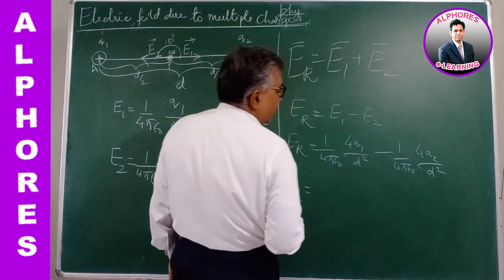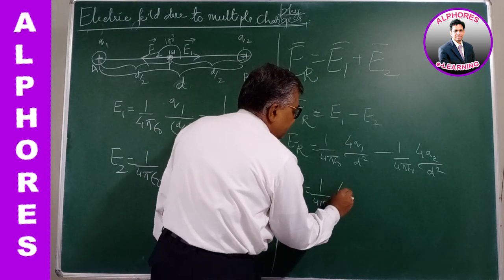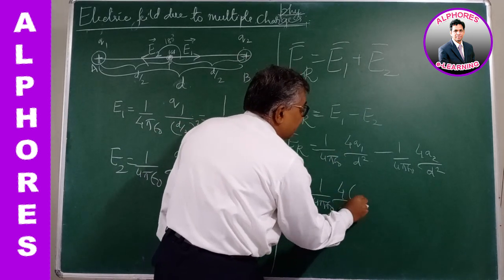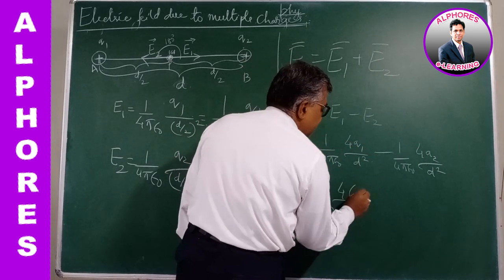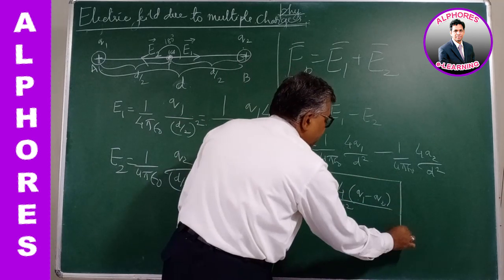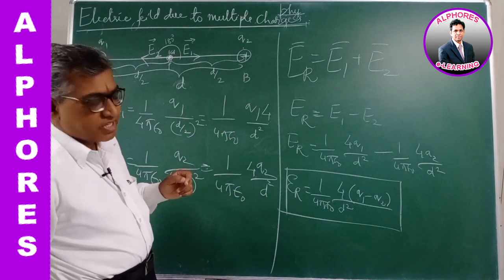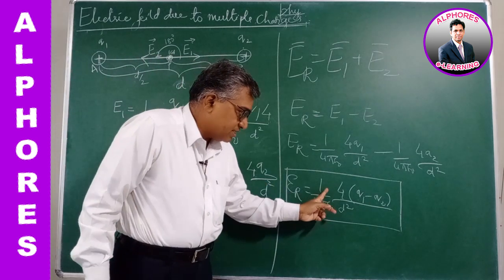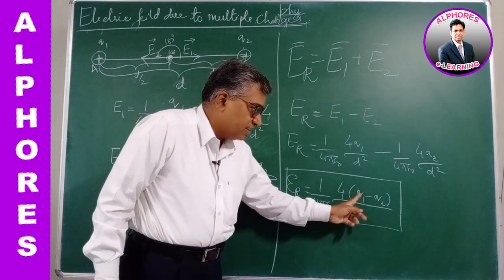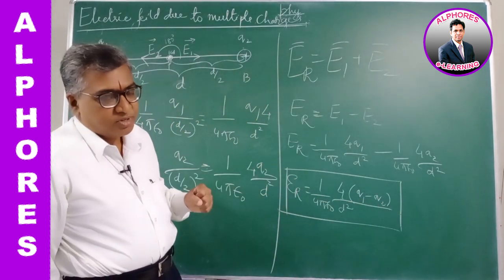From this, take the common things out: 1 by 4 pi epsilon naught is common, 4 by d square also common. It's q1 minus q2. So the magnitude of the resultant electric field at the midpoint of the two charges q1 and q2 is 1 by 4 pi epsilon naught 4 by d square, magnitude of q1 minus magnitude of q2. This is the magnitude of the resultant field.